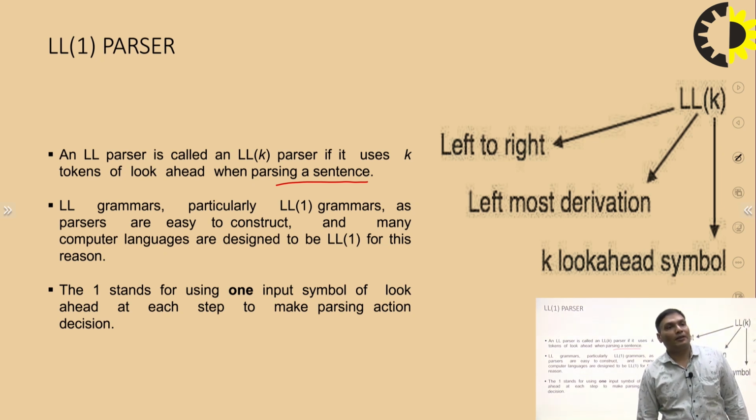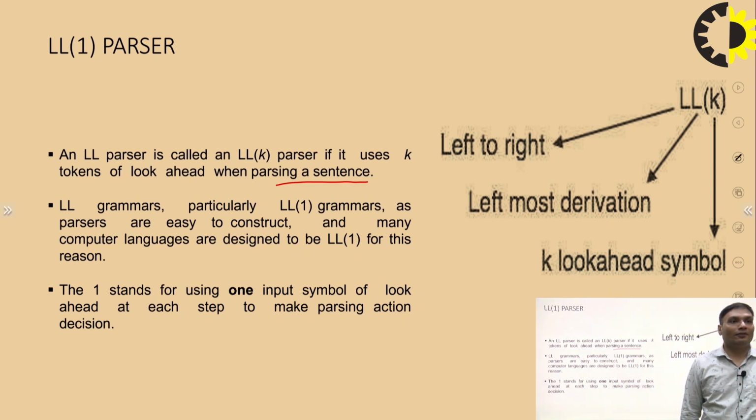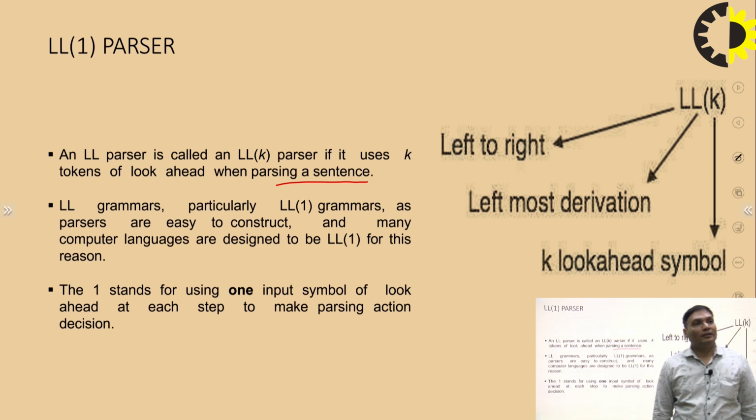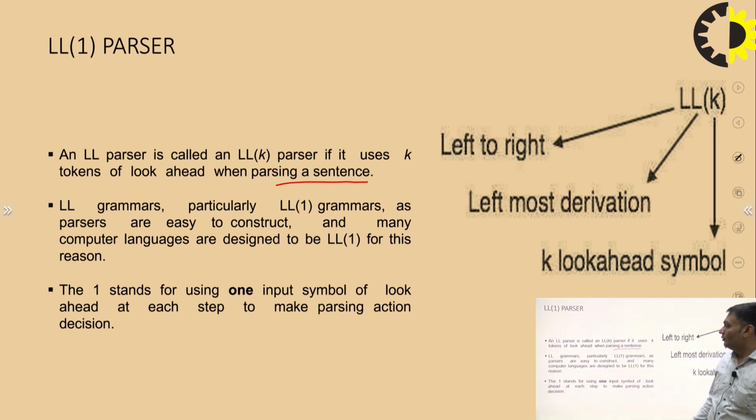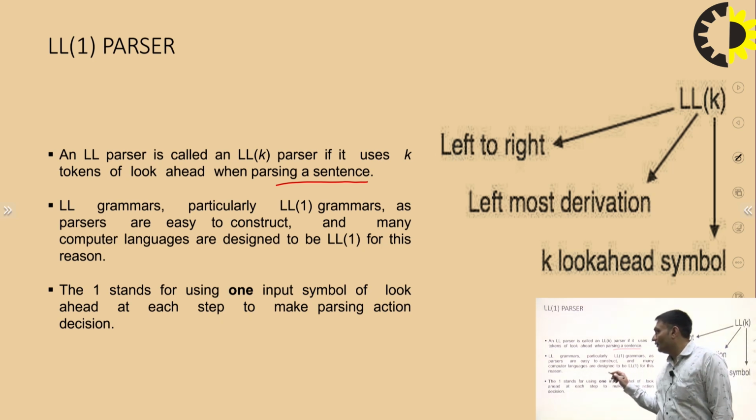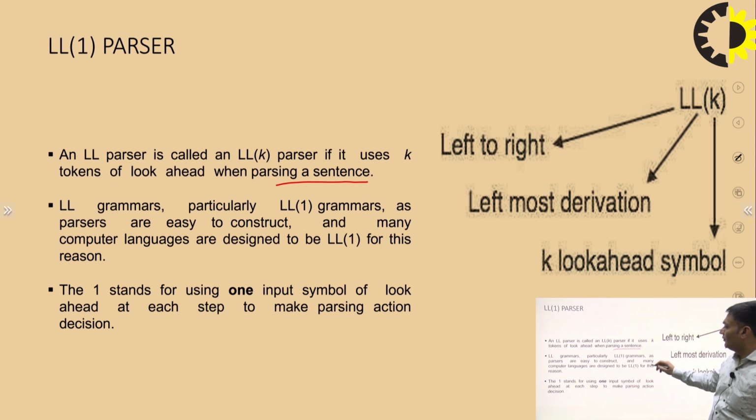For LL grammar, particularly LL1 grammar, the parsers are easy to construct and many computer languages are designed to be LL1 for this reason. So this is a simple kind of parser and many programming languages work on the same parsing technique.